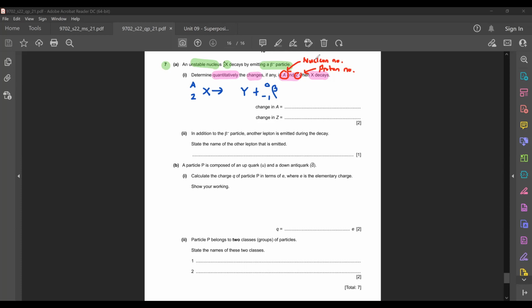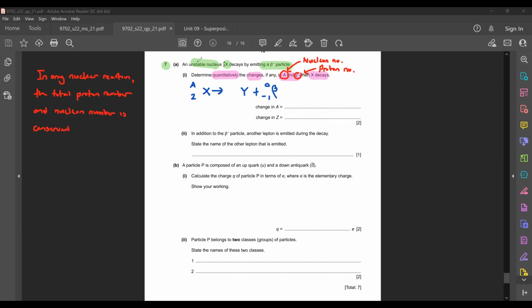Okay, now recall that in any nuclear reaction, the total proton number and nucleon number is conserved. Okay, total proton number and total nucleon number is conserved.